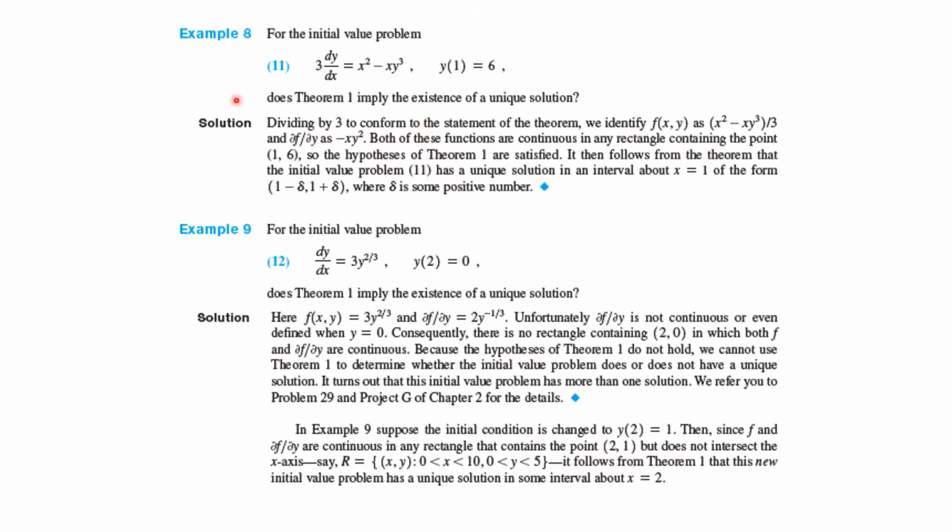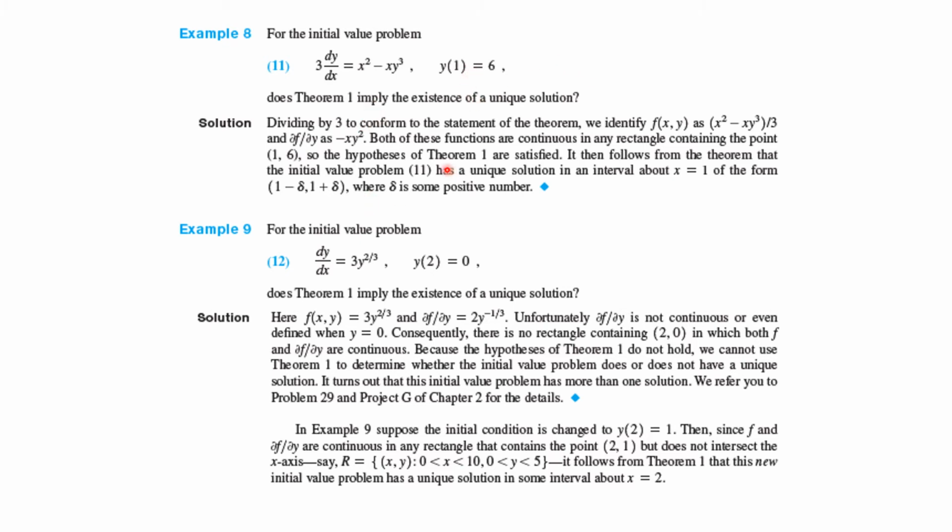Well, we can put this in the form dy/dx is equal to 1/3 of x squared minus xy cubed. And so both the function f of x, y as well as the partial derivative of that, which we will get as minus x squared y, are continuous in any rectangle containing (1, 6), which was the initial value.